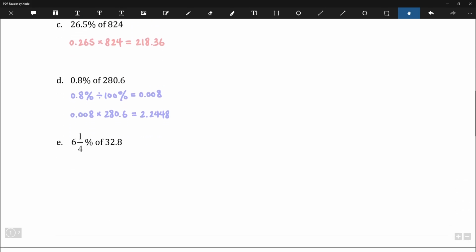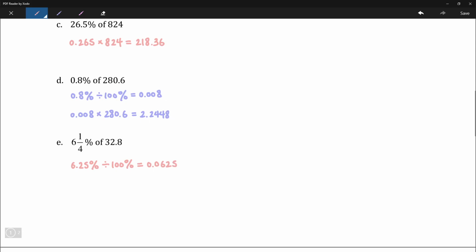And then the last example here, we have 6.25%. Again, we're going to divide by 100% first to get the decimal representation, which will be 0.0625.